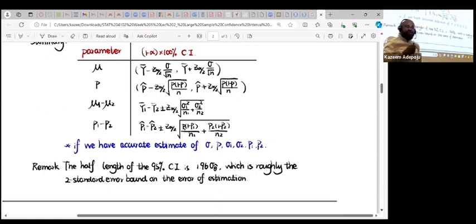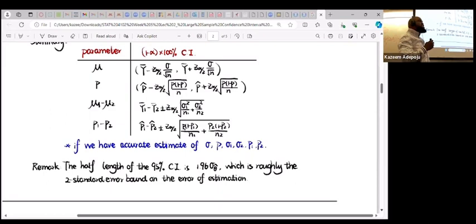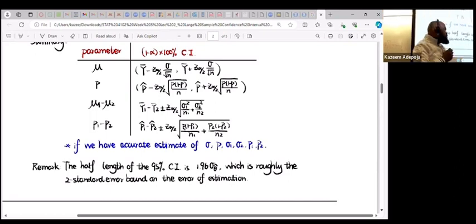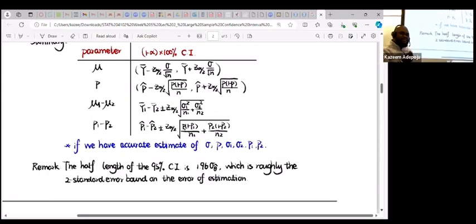For those of you who use R, if you do a qnorm, because you want to get a Z score, a qnorm of 1 minus alpha over 2, for instance, where alpha is 0.05 for 95%, that will give you 1.96. 1.96 is approximately 2 standard error bounds.